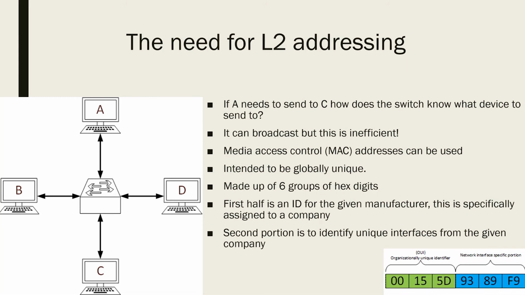Now, the second portion is intended to supply a block of addresses for those specific devices that this manufacturer would produce. And so the intention here is that the manufacturer would control how that is generated, how that is assigned, in such a way that it should be globally unique. So the theory is that you should never see the same MAC address more than once.